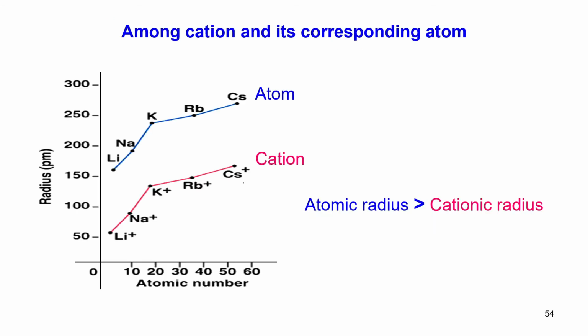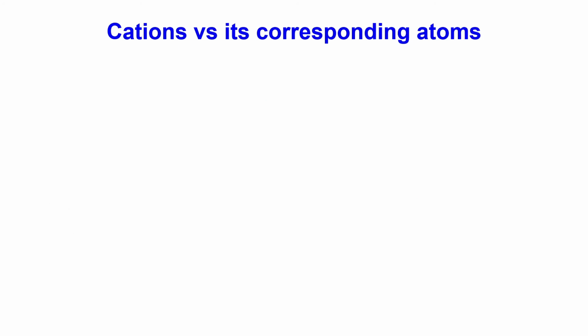Among cation and its corresponding atom: lithium, sodium, potassium, rubidium, cesium, the radius will increase. The atomic radius is bigger than the cation. Why? Because the cation loses electrons, so its size becomes smaller.